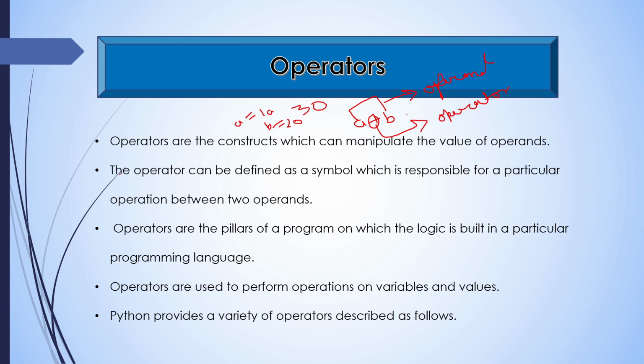The operator can be defined as a symbol which is responsible for a particular operation between two operands. These are the two operands, and this symbol is responsible for performing an operation, like addition. So operators are the pillars for building a logic in a particular programming language.